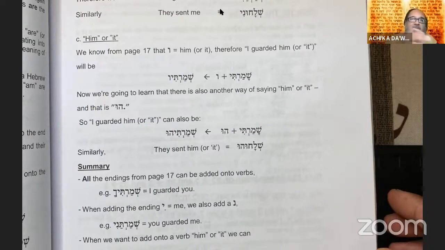Then he talks about that which is on the end: ti or ta or tem or ten or u or nu. That's your endings. The u, that's an ending. So when you hear Eloheinu, then you know nu means our, right? So Elohe is Elohim. Yahweh Eloheinu, he's our Elohim.